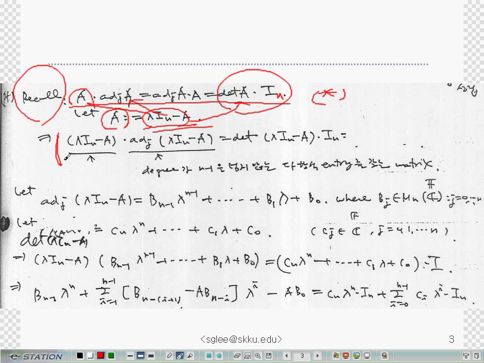Then this is a matrix, and this is another matrix.